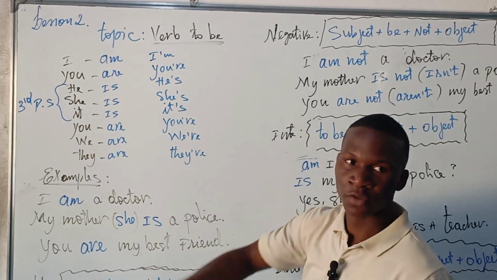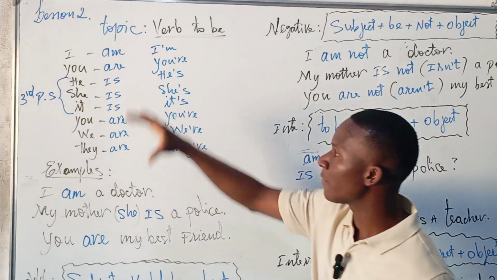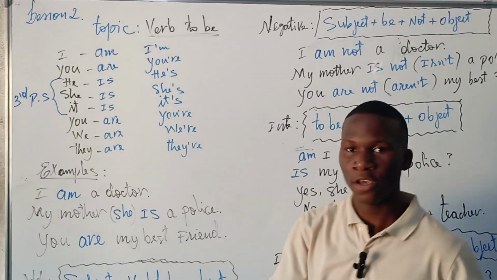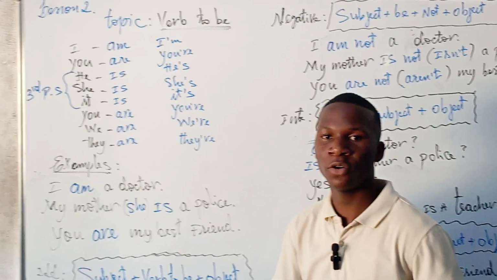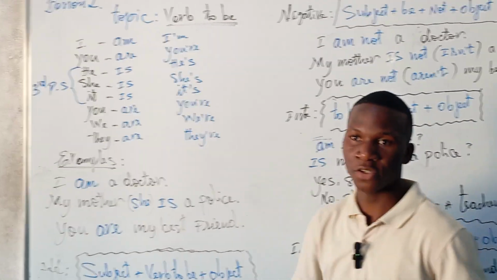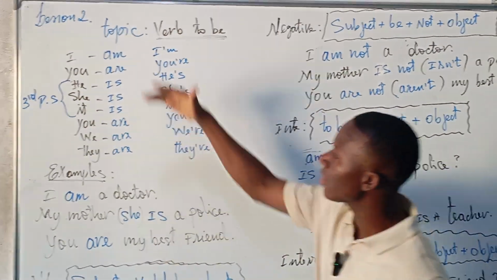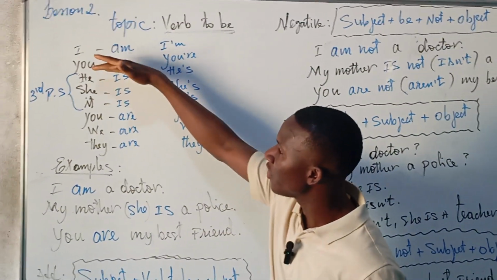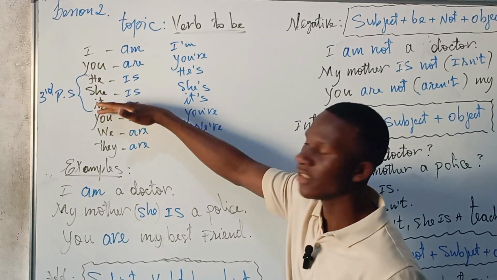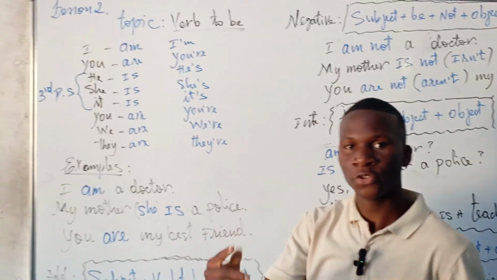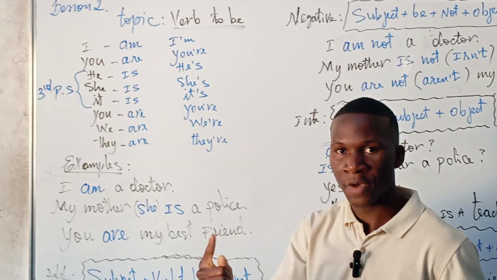The personal pronouns are divided. We've got singular and we've got plural. Singular refers only to one person, and plural refers to more than one person. In this case, I, you, he, she, and it refer to only one person.